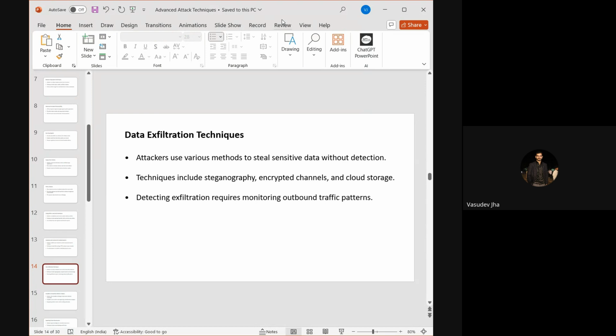But in data exfiltration, we are converting the format of data, or we are transferring data through different channels. Basically, these techniques include steganography, encrypted channels, and cloud storage also.